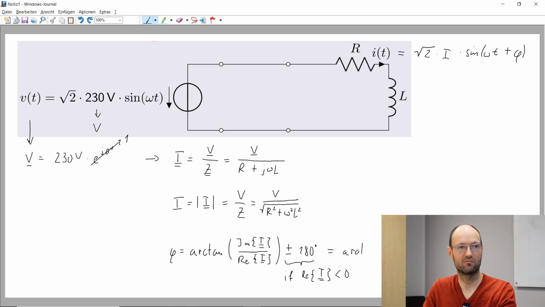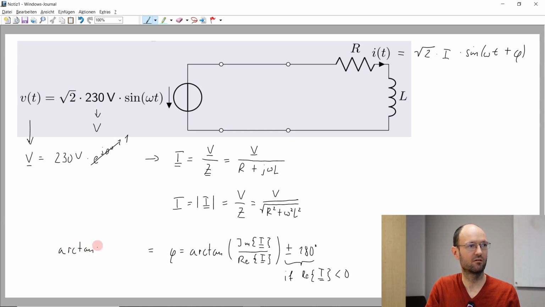Yeah, so I'm somehow writing into my camera window, so let me write this on the other side. So in our case, what would also fit is the arctangent of the imaginary part of the impedance divided by the real part of the impedance. And because the current is 1 over Z, what do we need to change in this formula here?